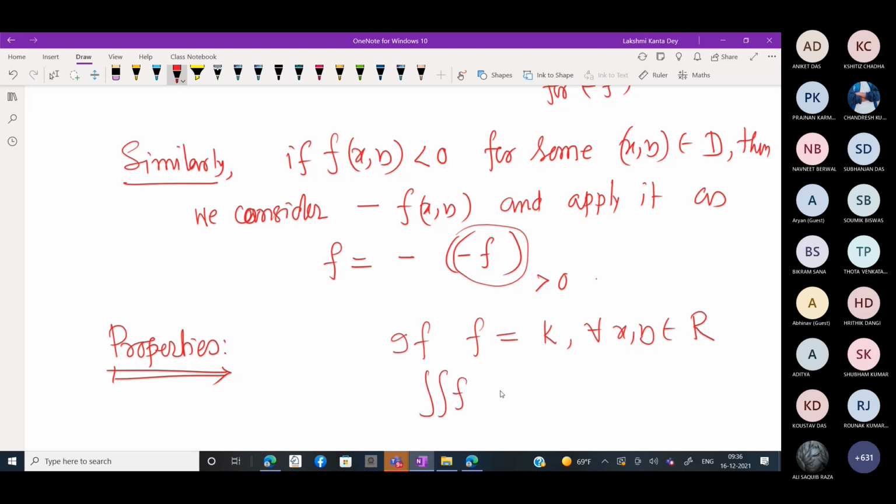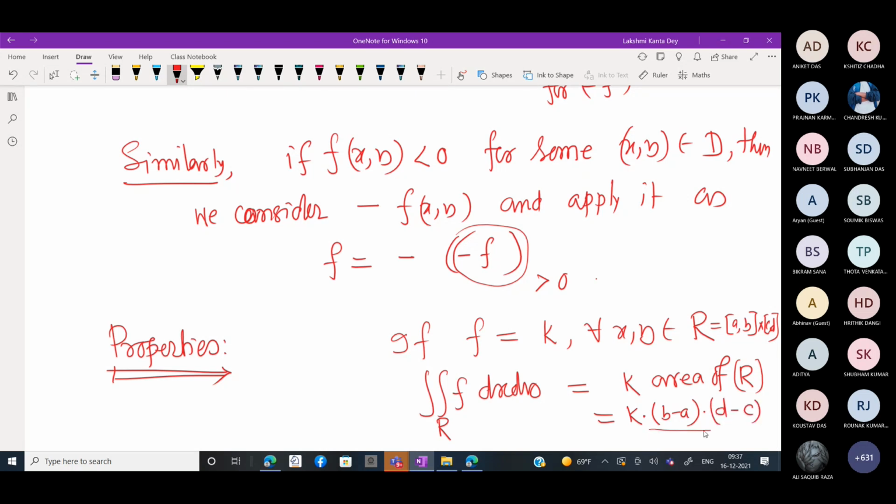The double integral of f dx dy over this particular R is equal to k into, because f is k, if you do the calculation by means of repeated integral, it will come to the area of this rectangle R. More precisely, if R is [a,b] cross [c,d], then this is k into (b minus a) into (d minus c), because that is the area of this rectangle.